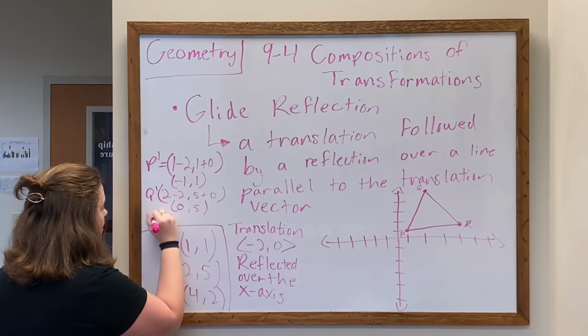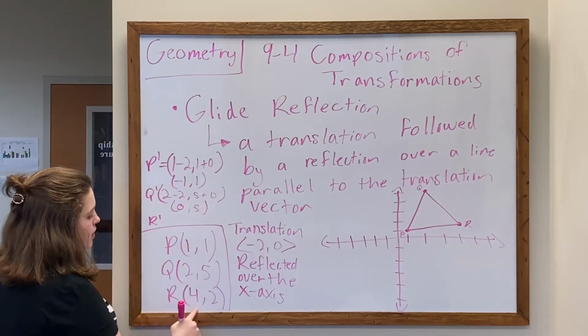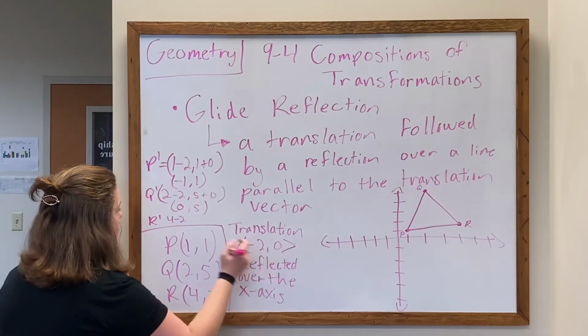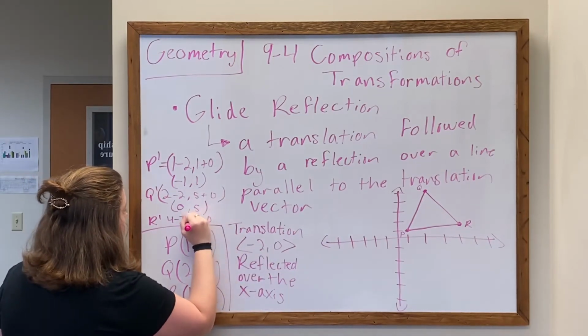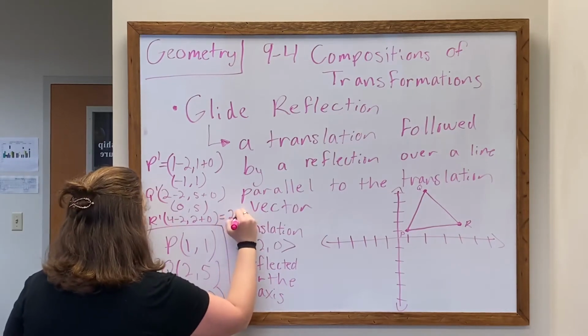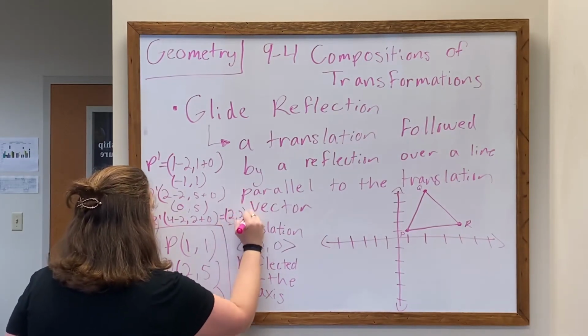And our R prime is going to be 4 minus 2 and 2 plus 0, which is going to give us 2, 2.